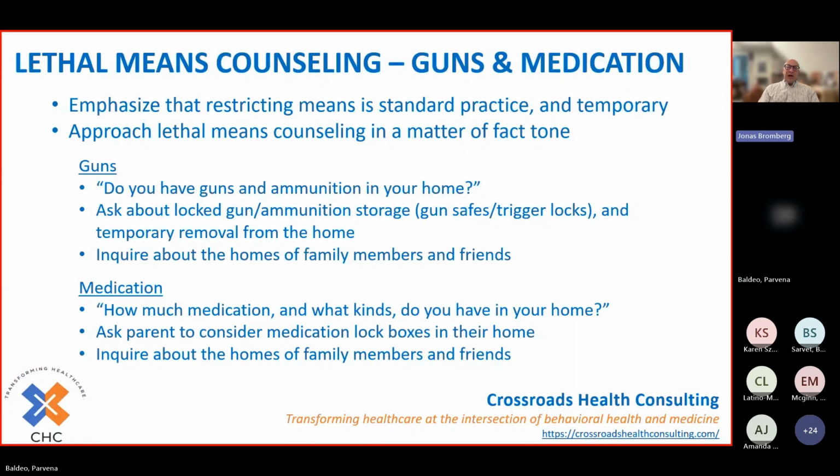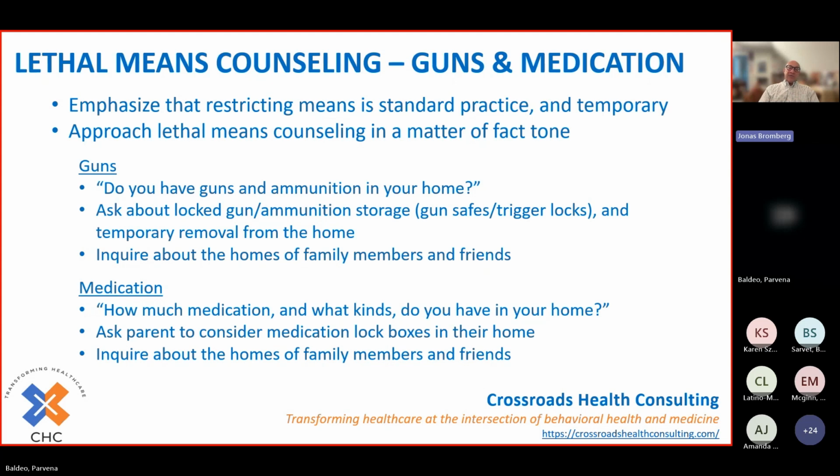And when we talk with patients and families about this, we want to emphasize that this is a standard practice. This is not just for them, and that this is a temporary necessity to keep them safe. And again, we want to approach this in a matter-of-fact, calm sort of way, both with guns and medication.